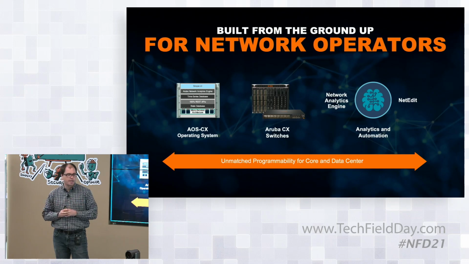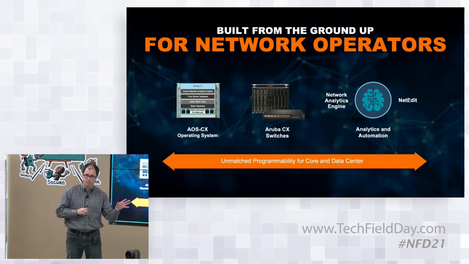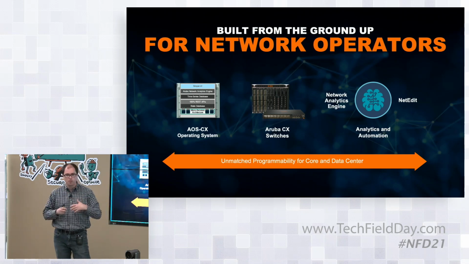And so we call those NAE agents, which in essence are scripts that have full access to what's happening inside the switch, but can also talk outside. They can talk to ServiceNow, they can talk to a downstream switch, they can receive API calls, trigger API calls. So if you're familiar with if this then that, essentially anything that is an API call inside or out is good to go.